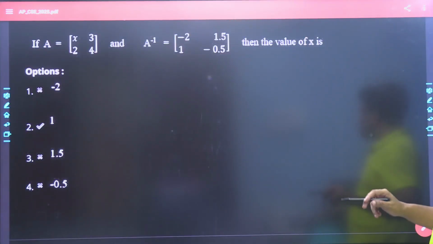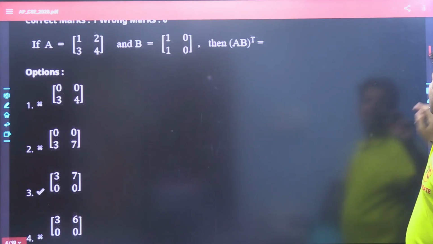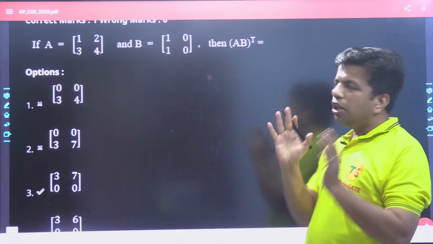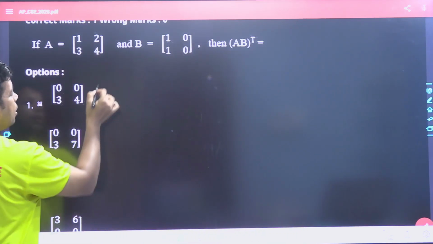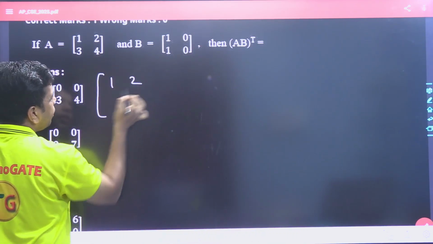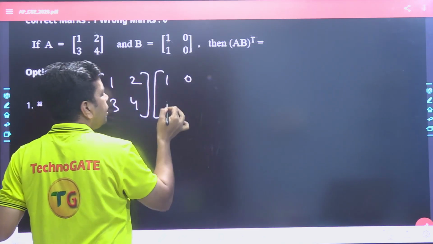Let's move to the next. We are having two matrices. First of all, we need to take the dot product between A and B and find out the transpose. First of all, do the dot product: first matrix dot second matrix.